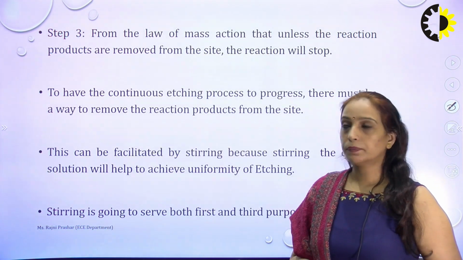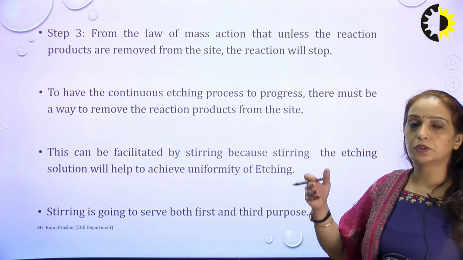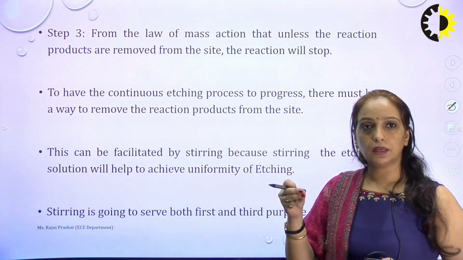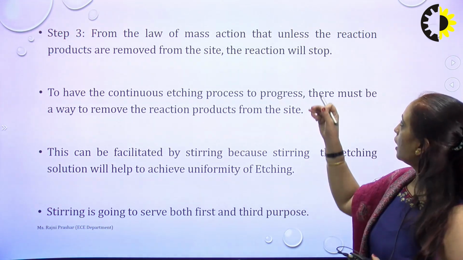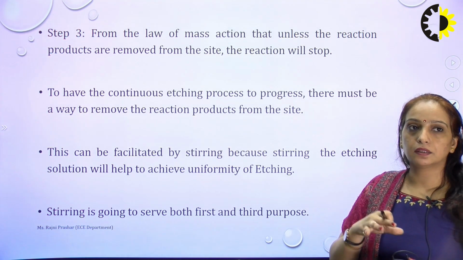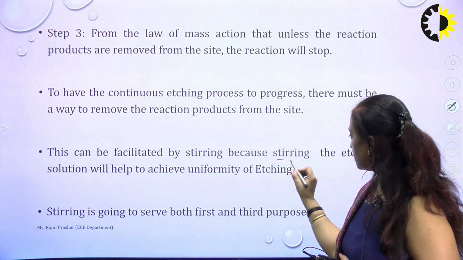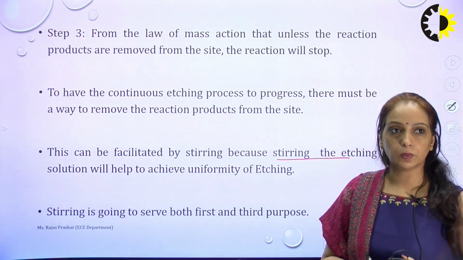And the third step from here is the mass action law. With the help of the mass action law, we should know that if we need some reaction to be in continuous phase, the residual products, the unwanted products, should be taken away, right? So to take away those extra products, we need to stir the solution continuously, so that the uniformity of the etching will be there.